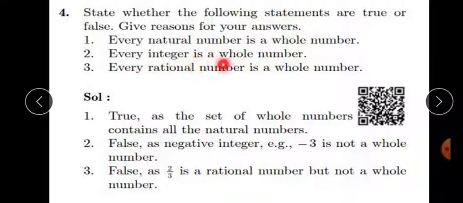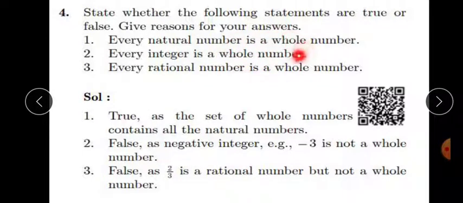Every integer is a whole number. As I told you earlier, the set of positive, negative and 0 are included in integers, whereas whole numbers means 0 and positive numbers like 0, 1, 2, 3. In the set of whole numbers, we do not have any negative number.